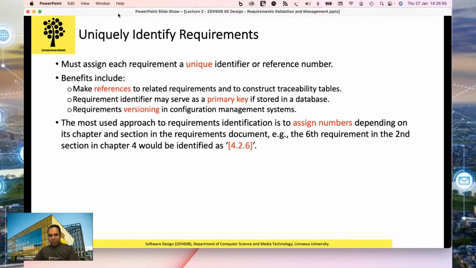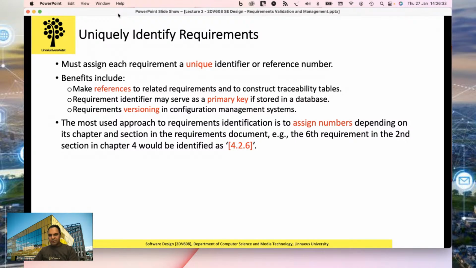One of the most common approaches for naming requirements is, let's say, based on the document structure. So if you have requirements under a chapter, and that chapter has multiple sections, you can name your requirement based on which page number or section they appear in, and which chapter this section is part of.